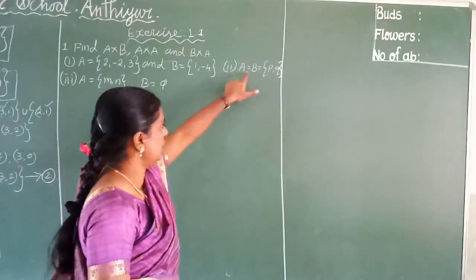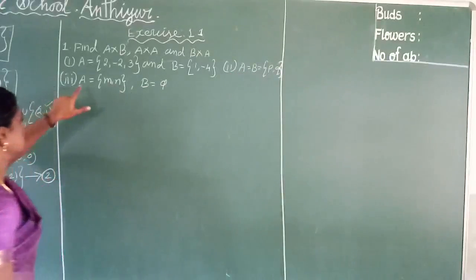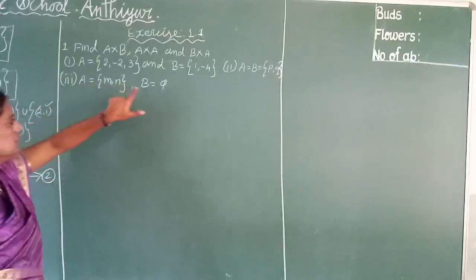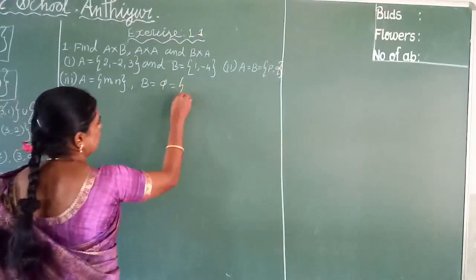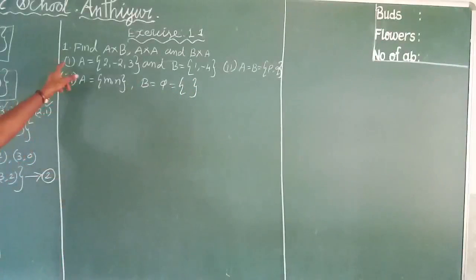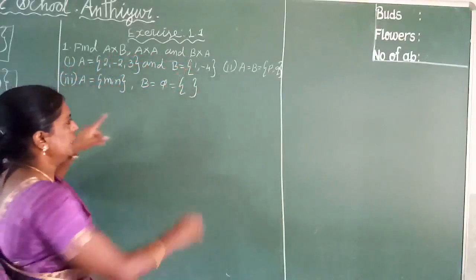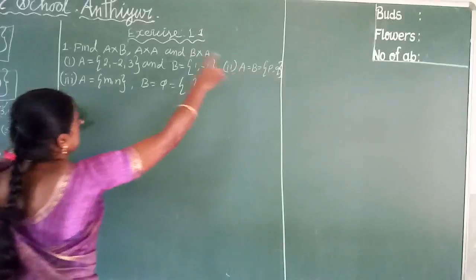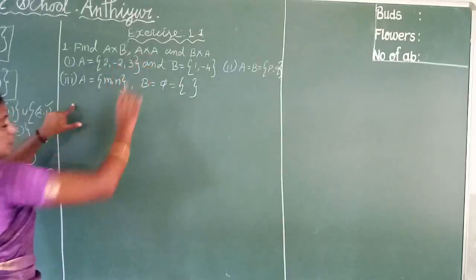Second, A and B both are the same, P, Q. Third option, A is M, N, B is pi. That is a null set, so there is no element. The symbol is pi. Second and third options also use these sets to find A cross B, A cross A, B cross A.